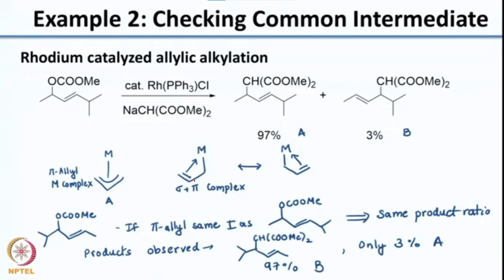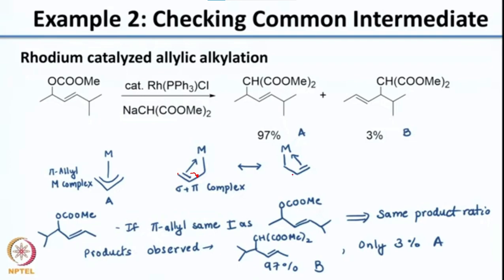So in this case, the metal will form a sigma bond with the carbon atom, plus the pi bond will also form a coordination bond with the metal. So this is a sigma plus pi complex. The other possibility is that this carbon atom will form a metal bond, and then the pi bond will shift towards this carbon atom, right? This way, like this. So these are three possibilities.